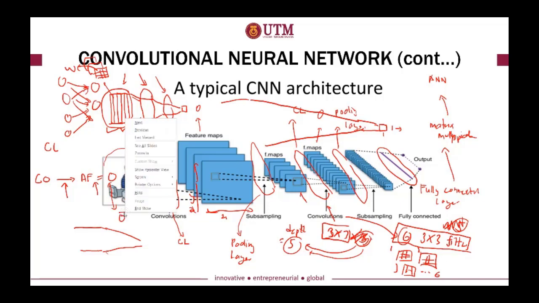I just put O hat like that to represent the normalized O matrix there. So in a CNN, that is another additional operation involved in your convolutional layer. You can put your normalization operation before you apply the activation function, or after you apply the activation function.